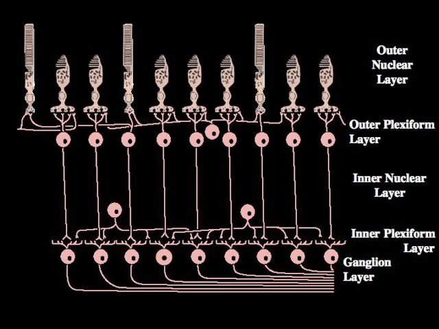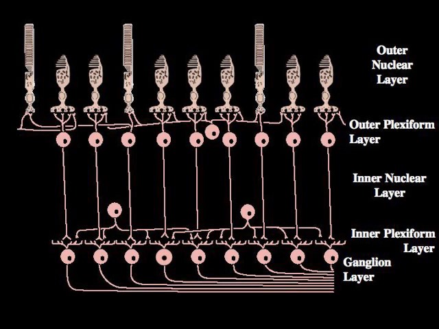For the moment, I want to go back to this slide, and I want to say that it's even more complicated than that. Within the transducer layer, we've got rods and cones. Rods responding to low levels of light in a monochrome fashion, grayscale.